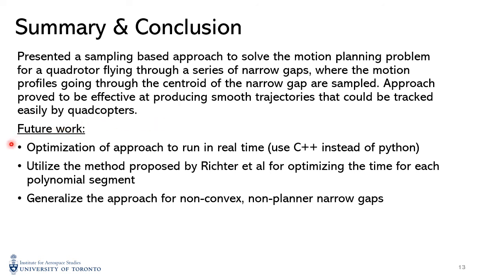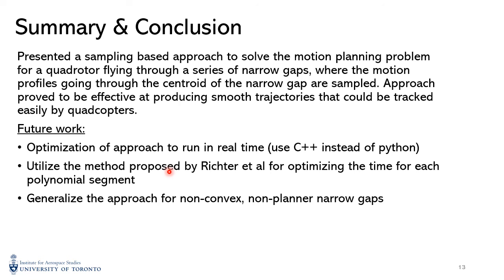So some of the future work is optimizing the approach to run in real time, so I'd consider using C++ instead of Python for implementation. The other item is utilizing the method used by Richter for optimizing the time for each of the polynomial time segments.